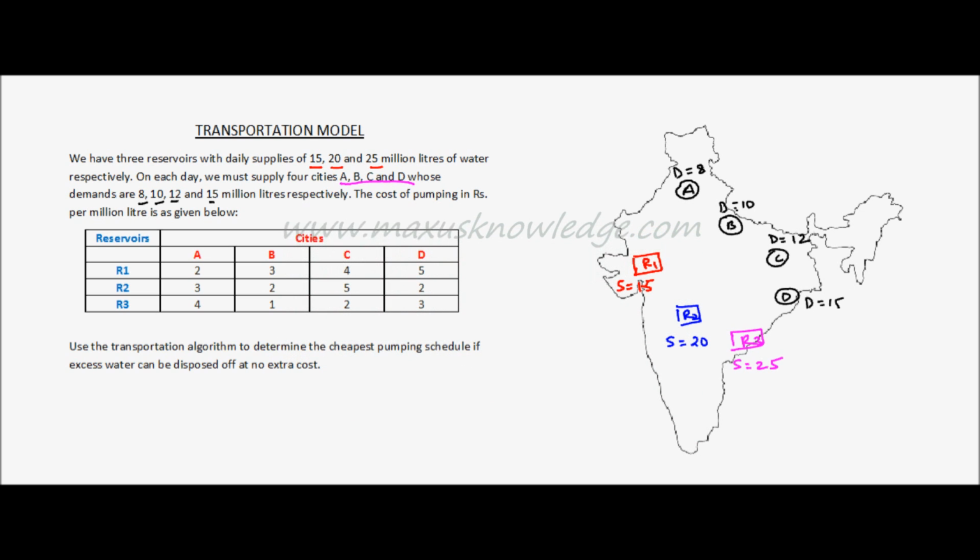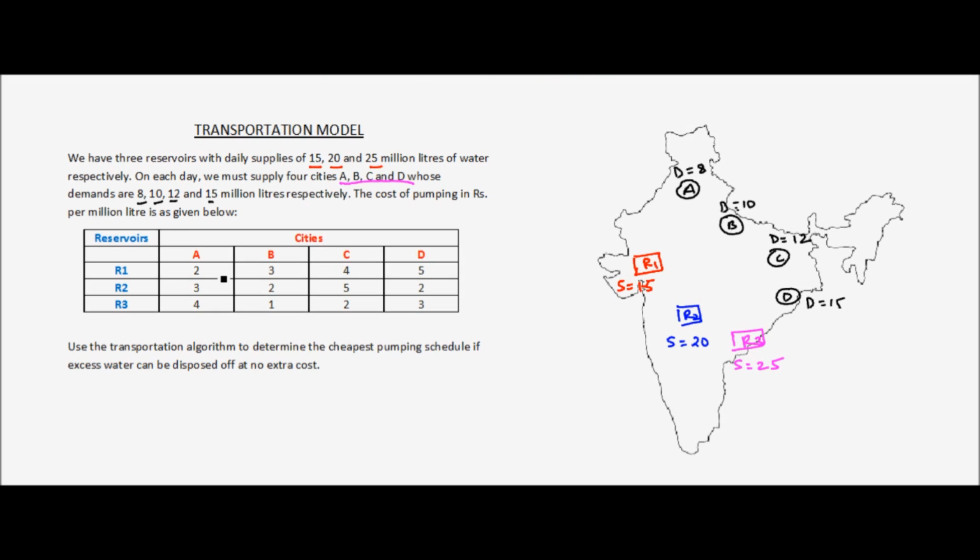Now, we have also been given that each of these reservoirs can supply the water to any of these cities. However, the cost of pumping water from each of these reservoirs to each of these cities is different and has been given in this matrix. So for pumping 1 million liter of water from reservoir R1 to city A, the cost is 2 rupees.